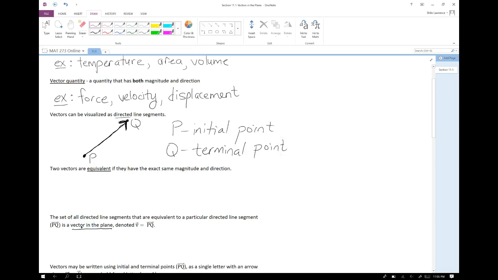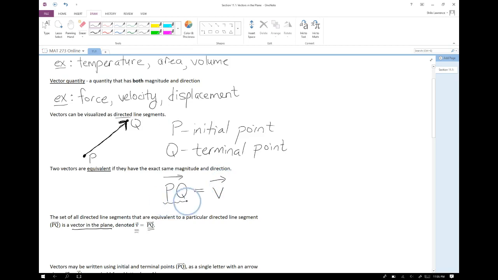So to represent the fact that we really could slide this anywhere we want to and not anchor it down at P and Q, we try to move away from this notation of PQ with an arrow on top, because that ties us to those 2 points, and instead just write our vector as a lowercase letter with an arrow on top.